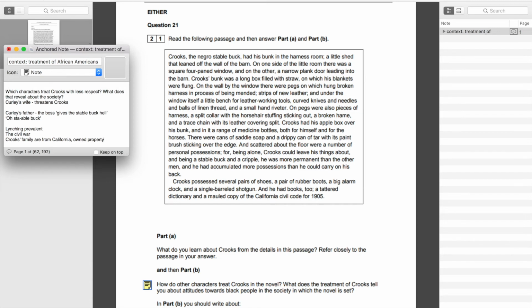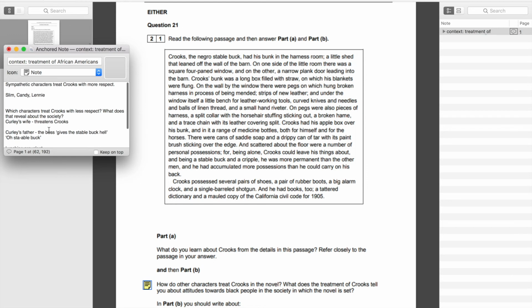So those are some things to keep in mind as you're reading this passage. You can do more research into the context so that you are confident to write about racism or gender or the Great Depression. That's up to you to make sure that you have that solid understanding.